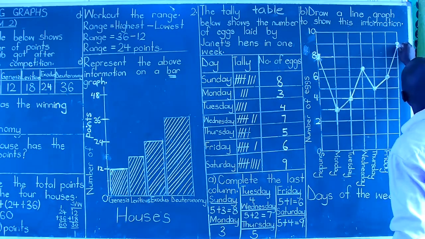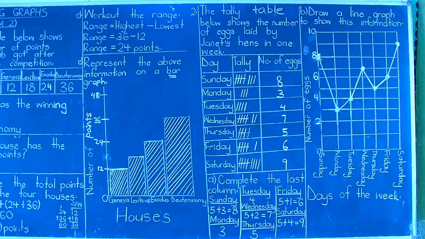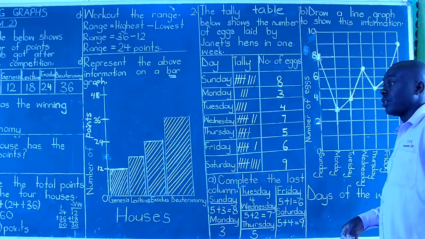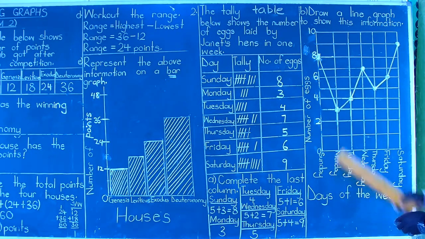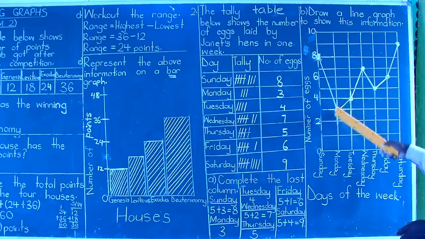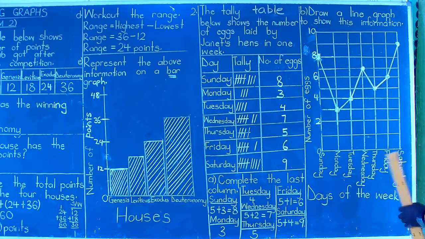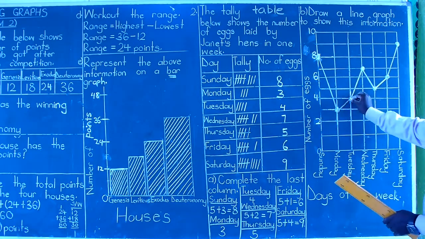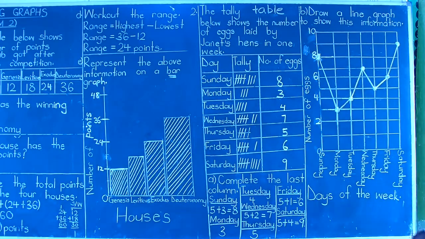So that is what's called a line graph. Always keep records of your farm to know whether you are making profits or losses. When you see such a drop, like you see between Sunday and Monday here, you just know there's a problem. Then you devise means to provide a permanent remedy.